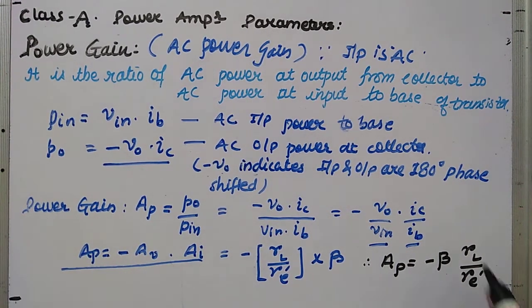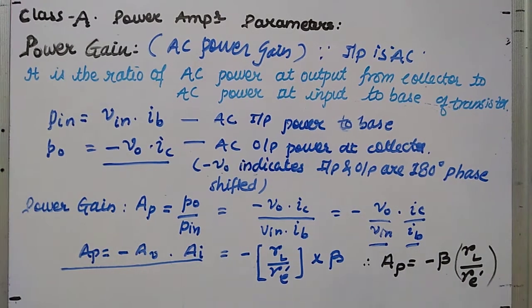Again I will repeat, RL is the AC load resistance and r'e is nothing but the AC emitter diode resistance.